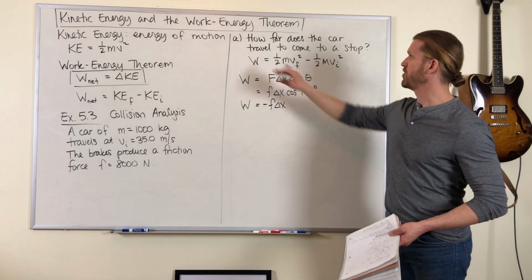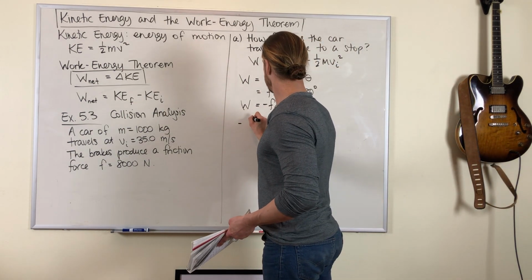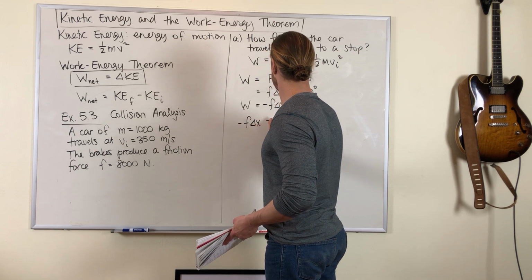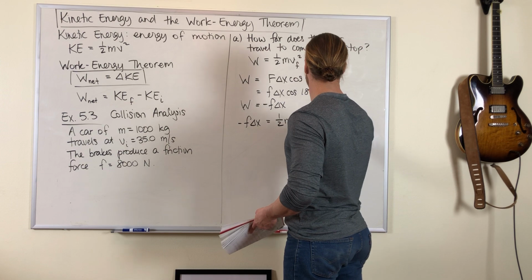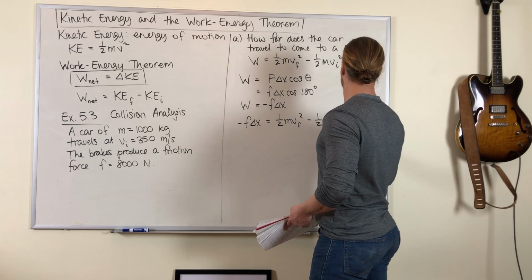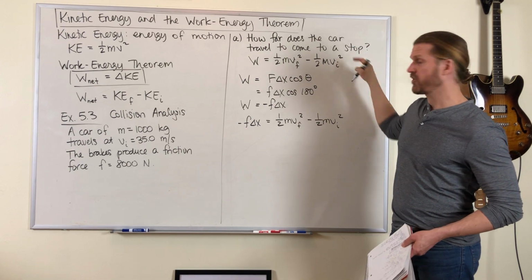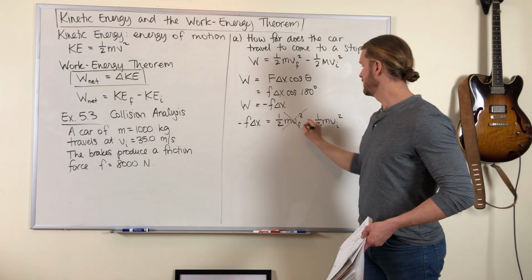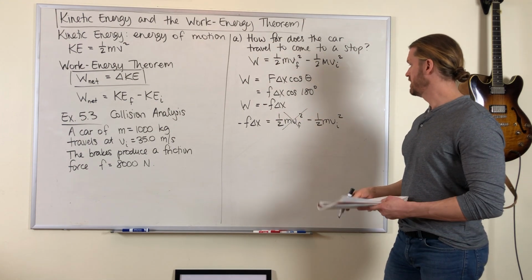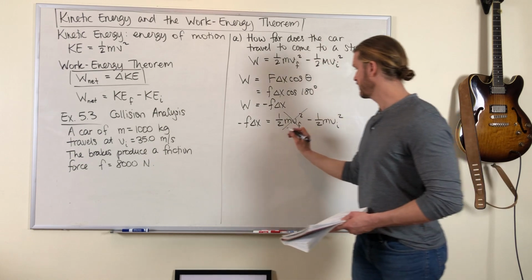Okay, so now we can combine these two equations. Negative F delta x equals 1/2 m v final squared minus 1/2 m v initial squared. Since the car is coming to a stop, v final is 0, so that term goes away. And now we can do a little bit of algebra to solve for that displacement.